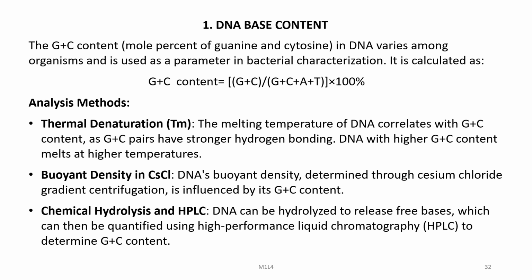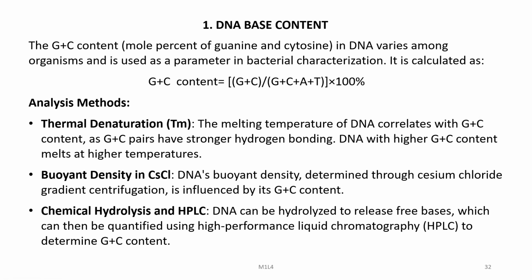It is calculated with a very simple formula, where we add up the total content of G and C, guanine and cytosine, and divide it by the total base composition, and this fraction is converted into a percentage to give the GC content. So, what are the various analytical methods employed?